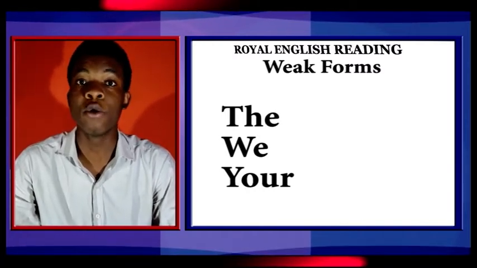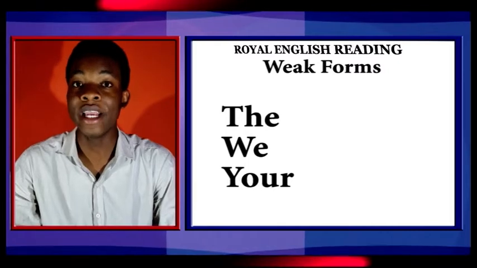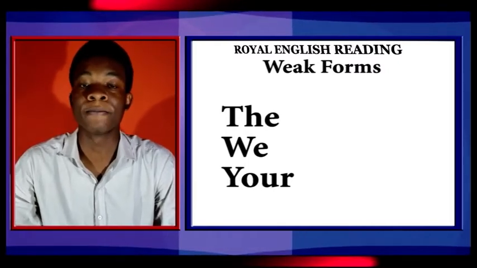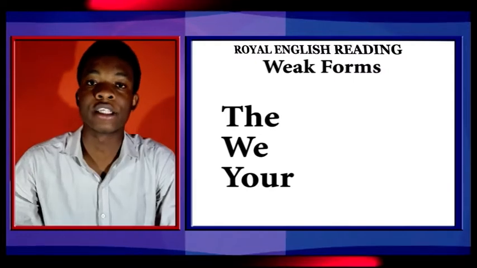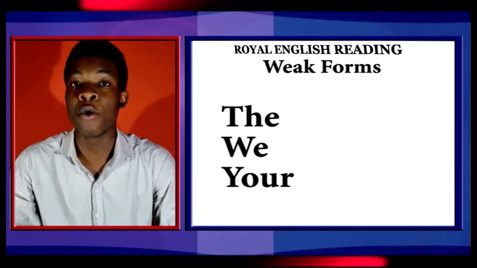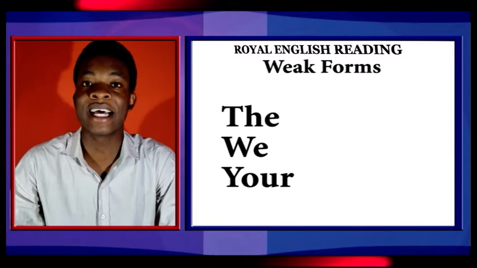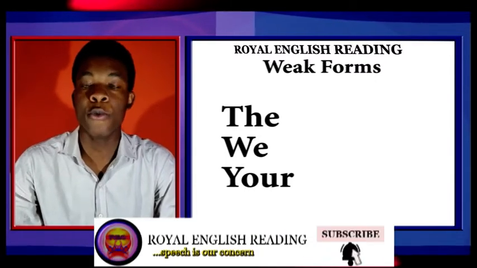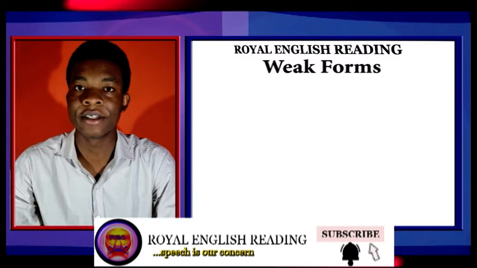We in a strong form would be pronounced as we, but in its weak form it would be pronounced as we. Your in its strong form would be pronounced as your, but in its weak form it would be pronounced as y. So we have the, we, and y.